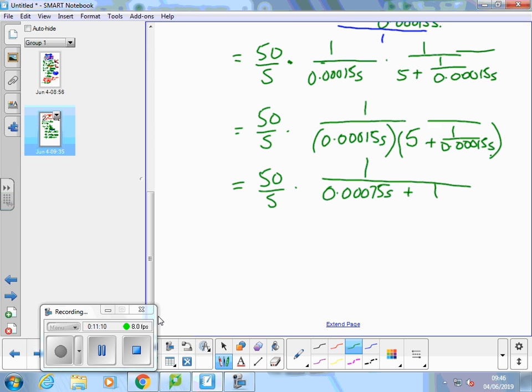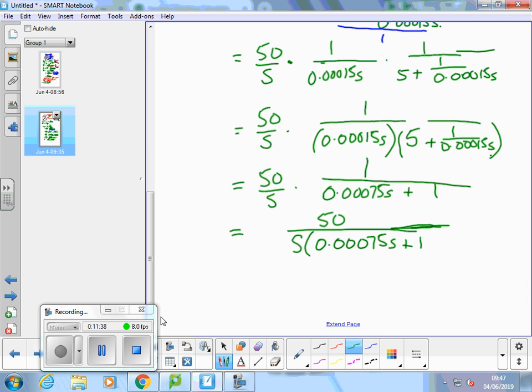Now we've got to do this multiplication. 50 times 1 is 50, and then we keep them separate. We multiply everything there by S to end up with that.